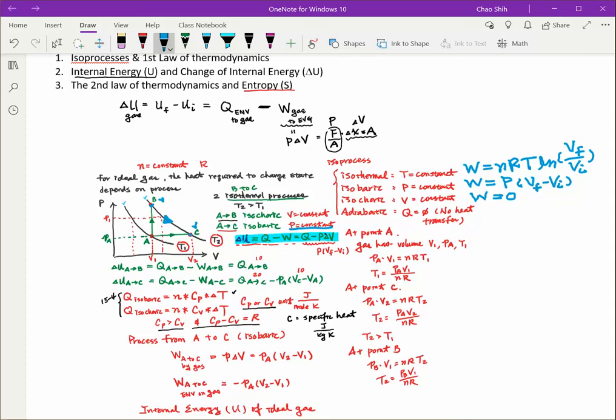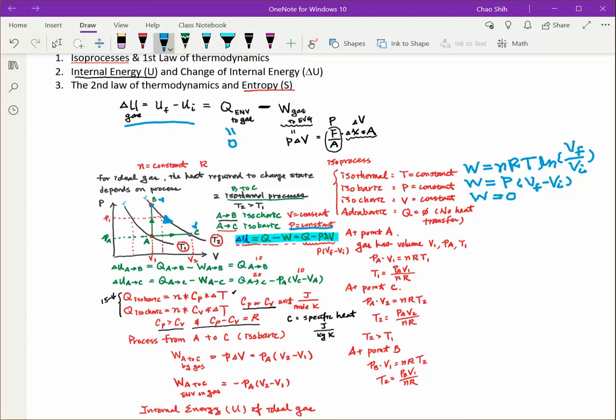For adiabatic, we don't have a work equation. We only know the Q, which is equal to 0. But we can calculate the work in an indirect way. We know that the first law is always valid. So if you can find the change of internal energy, and you know Q equals 0, then the change of internal energy is simply equal to negative work.